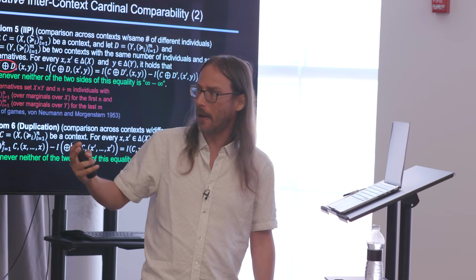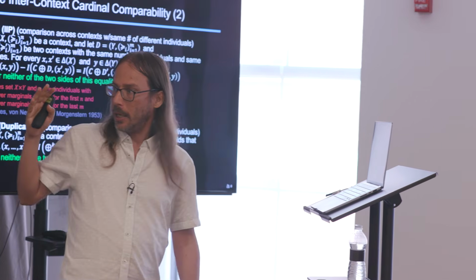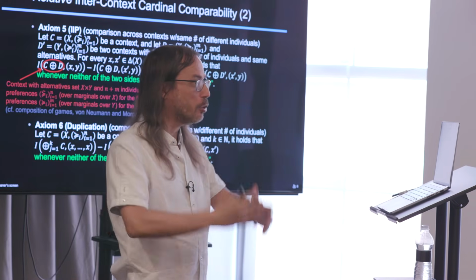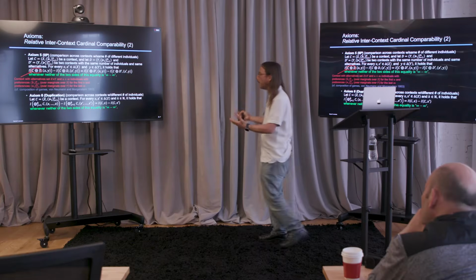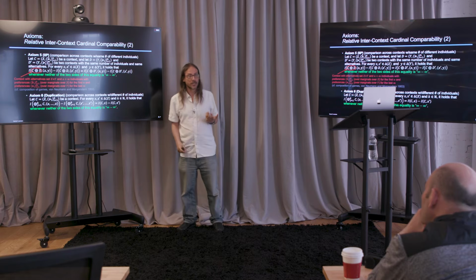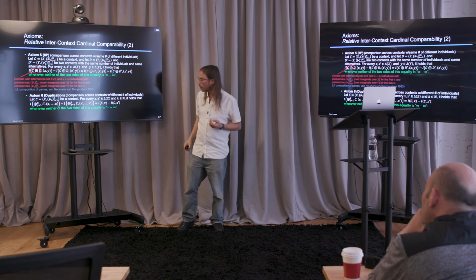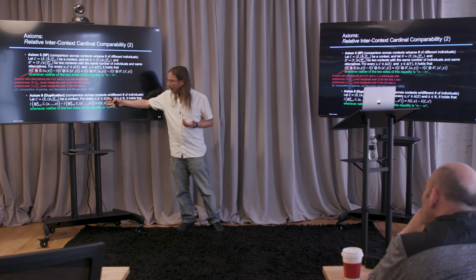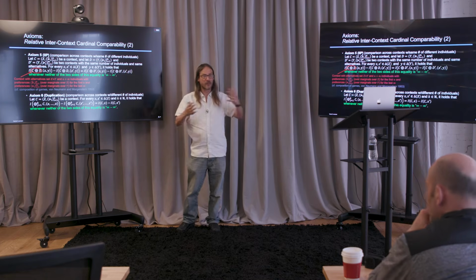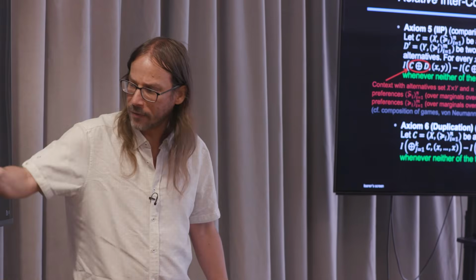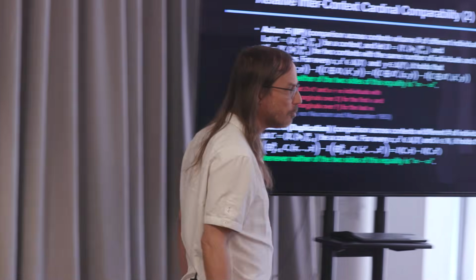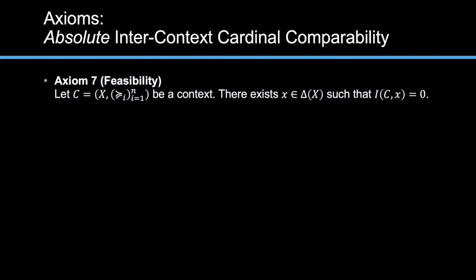I'm not saying whether it's an arithmetic average or geometric average or harmonic average or whatever, but it should be some kind of per capita measurement. This is what this axiom says. This will allow us to compare contexts of different sizes and have meaningful comparison. And again, if one of these is infinity minus infinity, this has no bite. Final axiom is the shortest axiom.